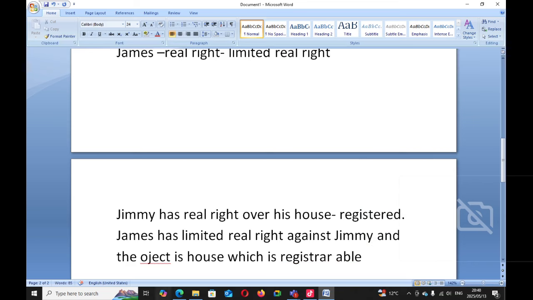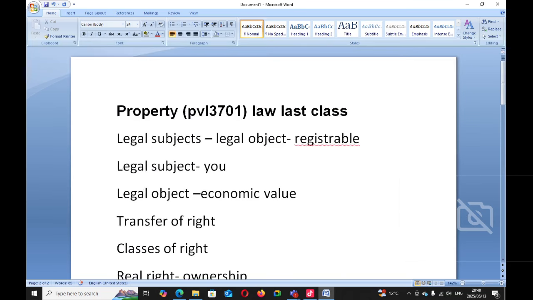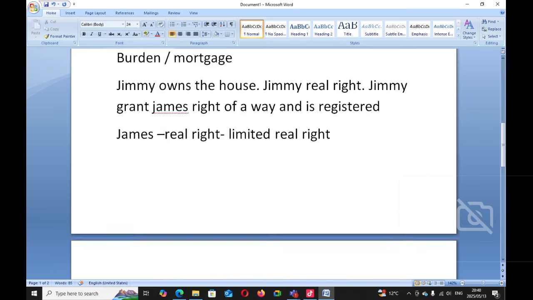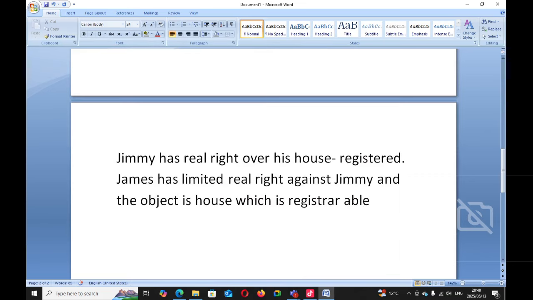Okay, now we are moving forward. Anyone who didn't understand about writing the legal object and legal subject, this question will be on the examination.